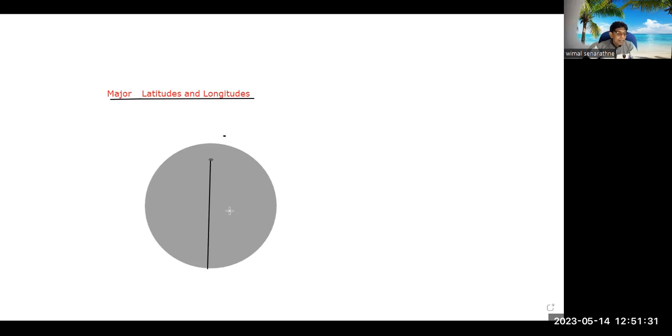Greenwich Prime Meridian divides the globe into two as the west and the east. This is west, and this is east.